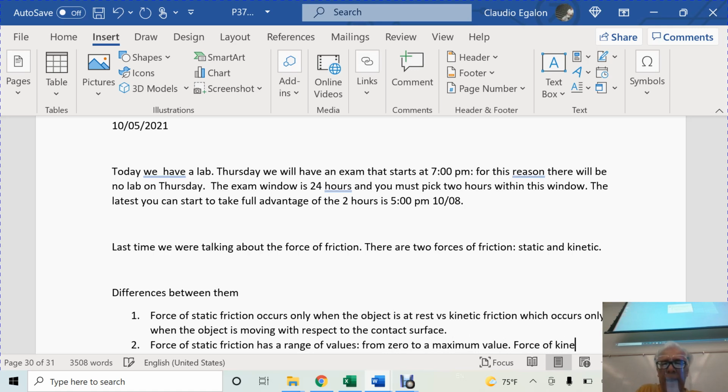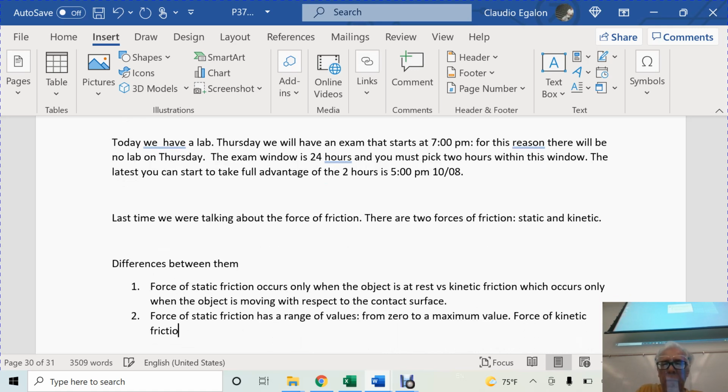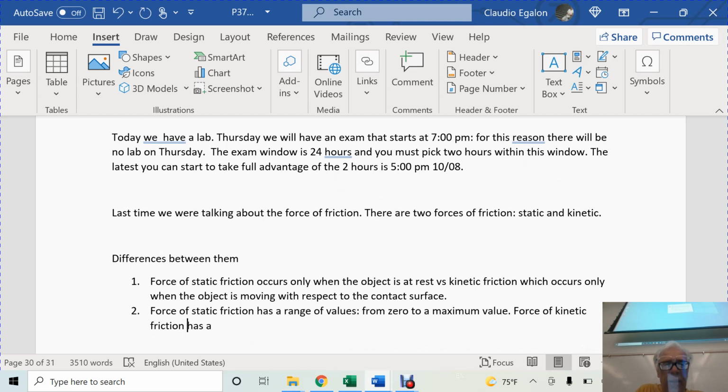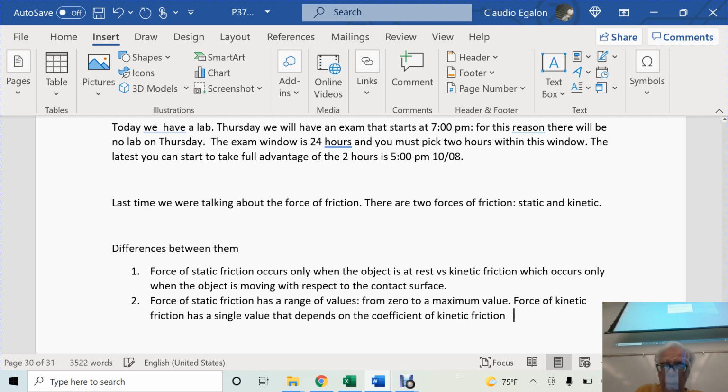Force of kinetic friction has a single value that depends on the coefficient of kinetic friction and the normal. Okay, those are the differences.